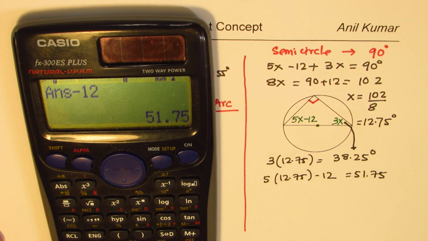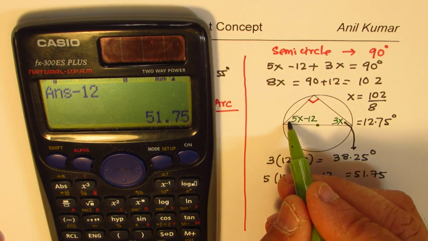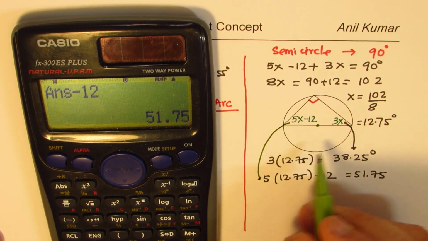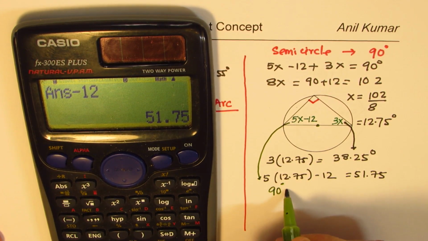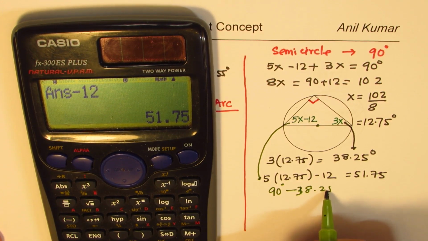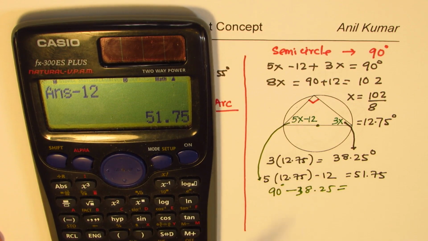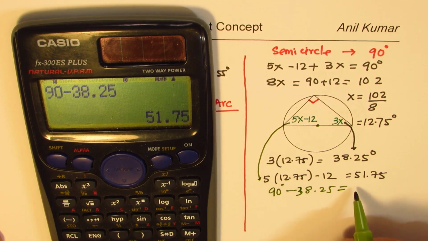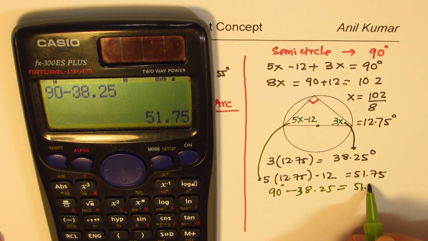So the alternate method which I will prefer here to find the second angle is basically 90 degrees minus 38.25. That was faster, right? So if I check 90 minus 38.25, I get the same result, which is 51.75.